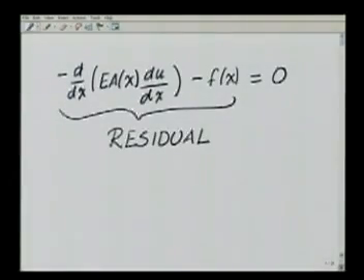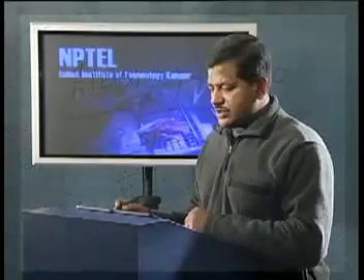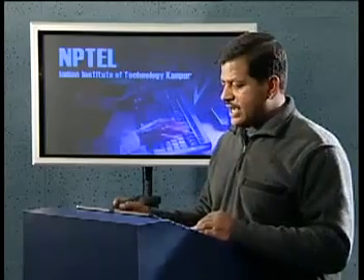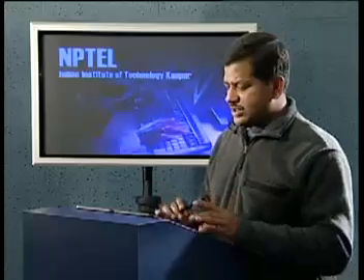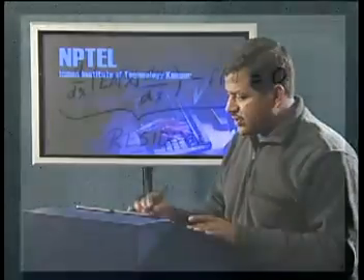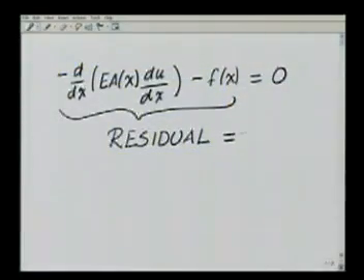Now we are going to take this residual and multiply it by a weight function W(x), that is, any function W(x) which is admissible. We will define admissibility later on. So the residual is a function of x, given by R(x).